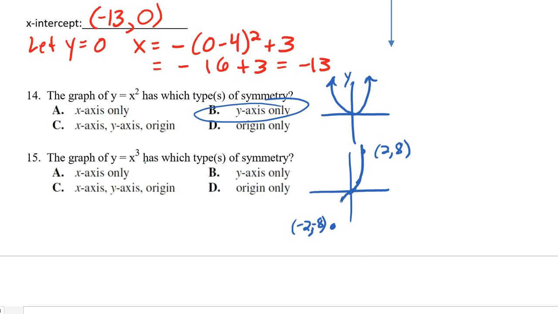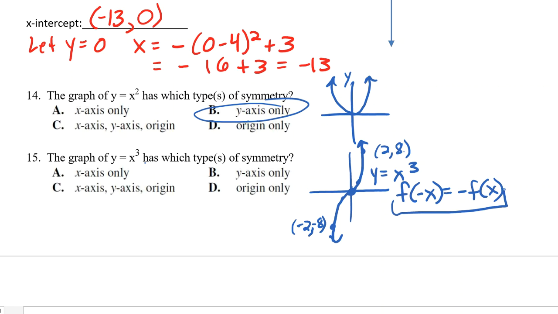So if you remember, this curve was what our y equals x cubed looked like. And because when we put in opposite values of x, we got the opposite values of y. So that is our definition for that kind of symmetry.